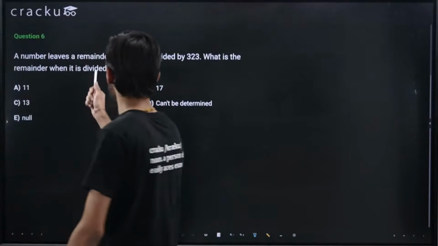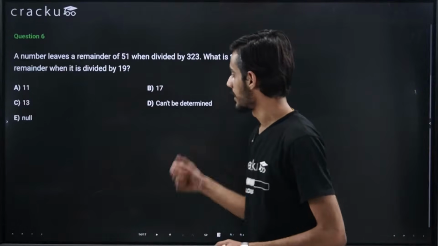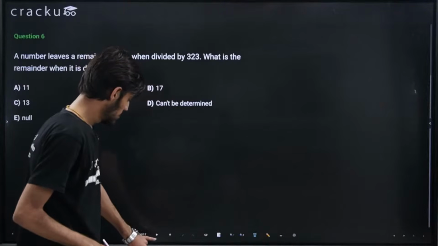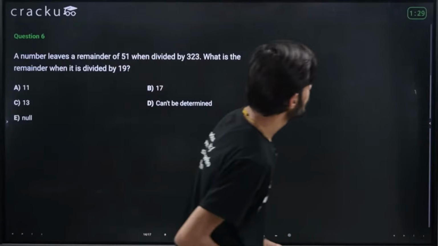Moving ahead, one more question from the remainders. Try this. You have 90 seconds.